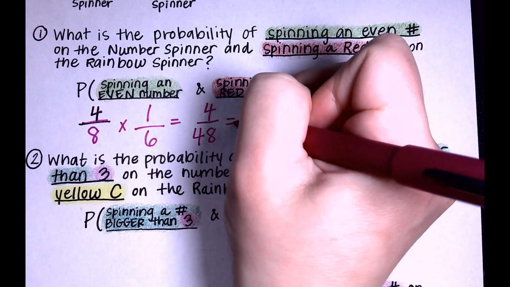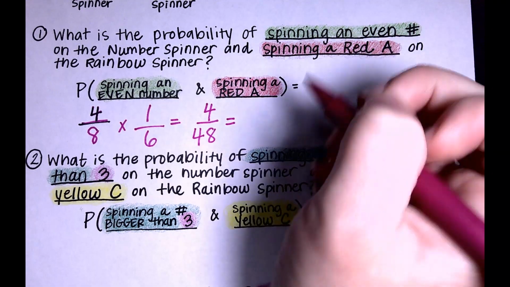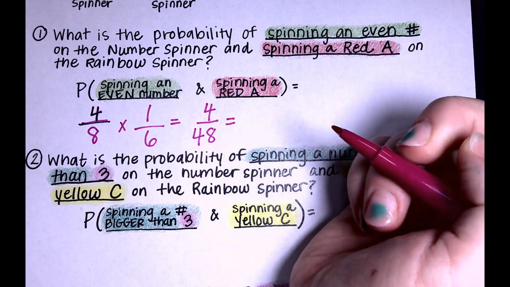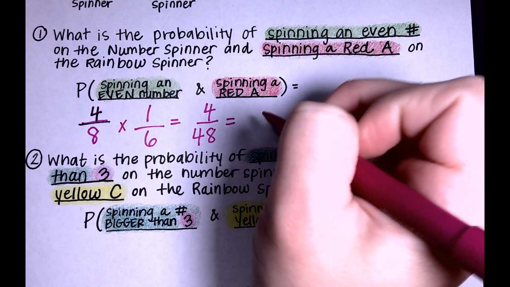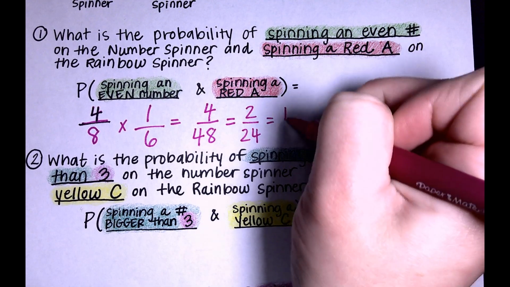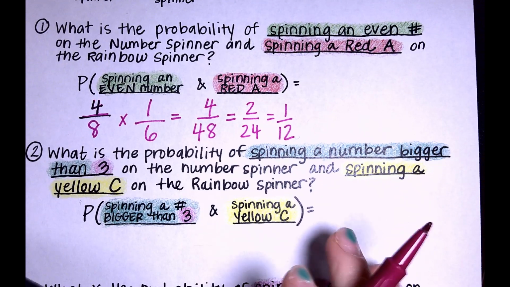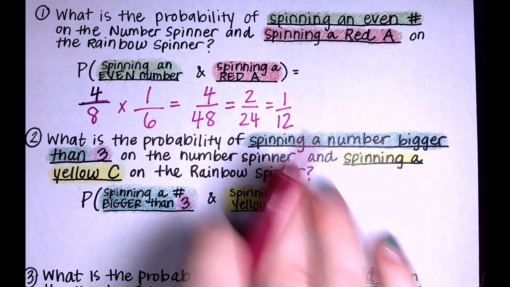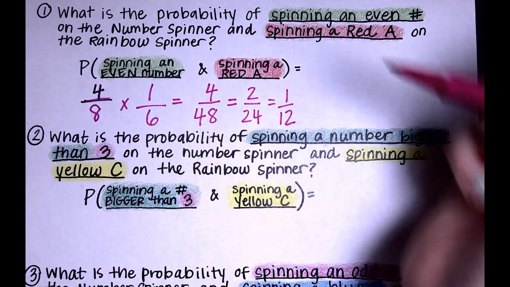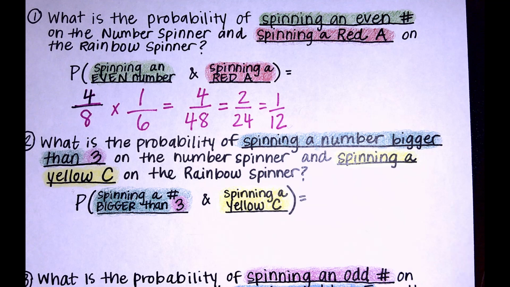If I wanted to simplify this, what would our simplified fraction be? 2 over 24. Yes, or 1 over 12. This step is optional. You don't have to simplify, but sometimes it helps us to see the true probability in fraction form. So 1 over 12, how do I find my decimal?